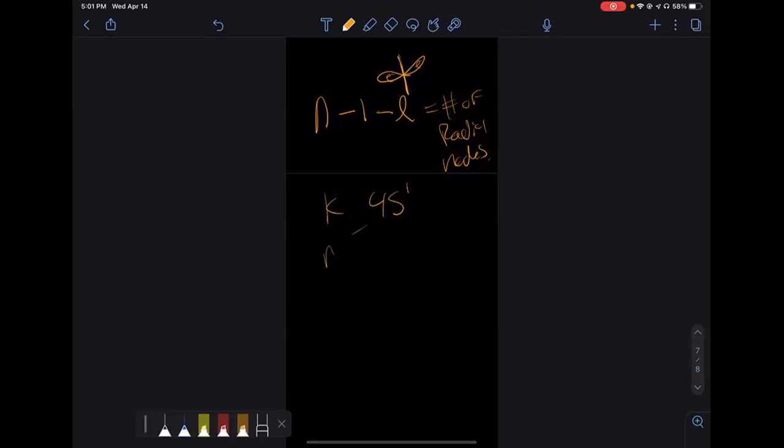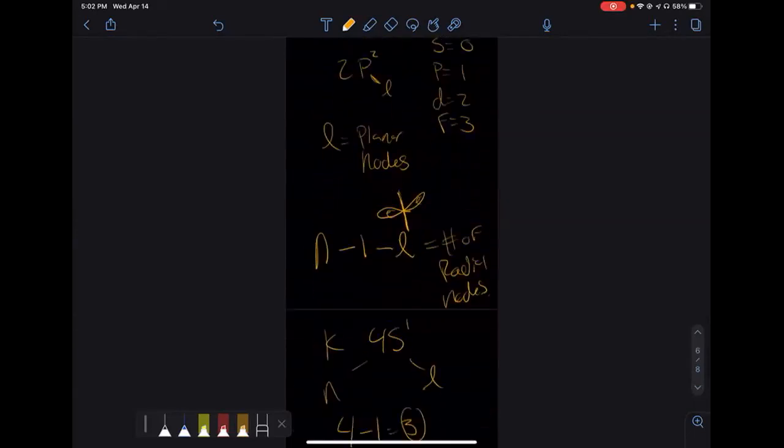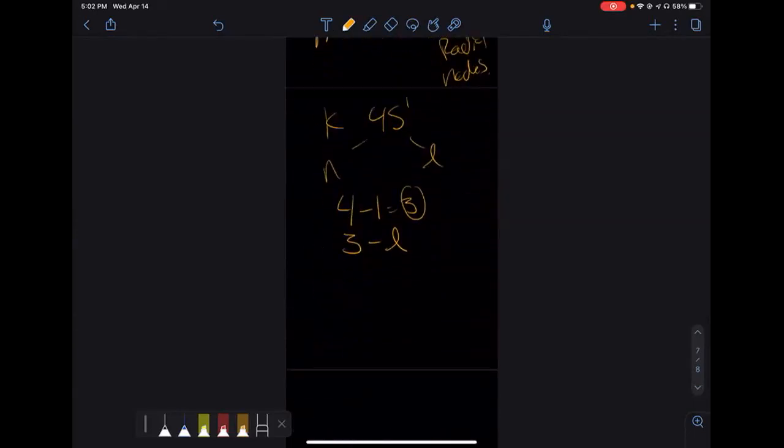So this is equal to my N, and this is equal to my L. I'm going to take N, which is 4, so we have 4 minus 1. That is equal to my total number of nodes, so I have 3. I'm going to take 3 minus my L. Now my L here is S, and S is equal to 0. So that is 3 minus 0, so I'm going to have 3 radial nodes.